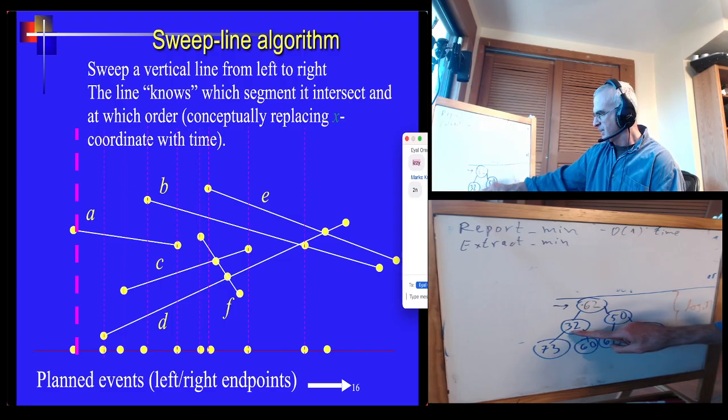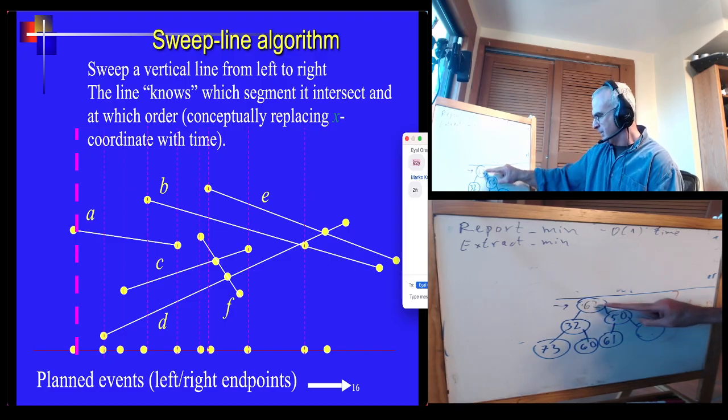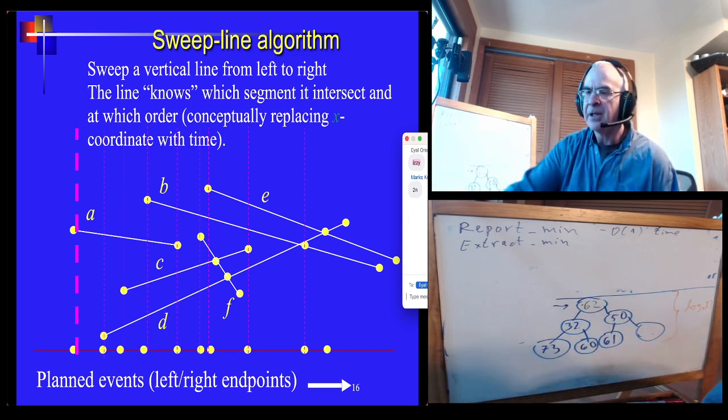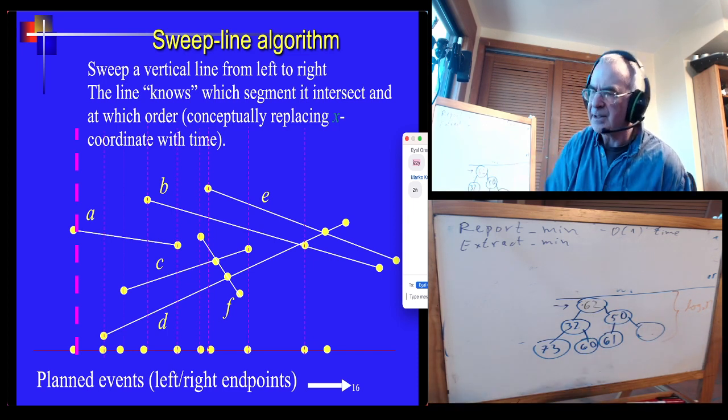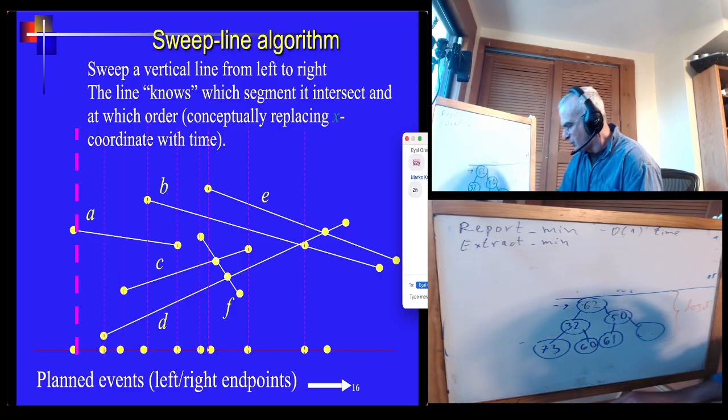It looks at its left child. Is 62 smaller than 32? No, it's actually larger. Is it smaller than 50? No, it's actually larger. So 62 will be replaced with the smaller of the two children. That's why we pick the smaller one.